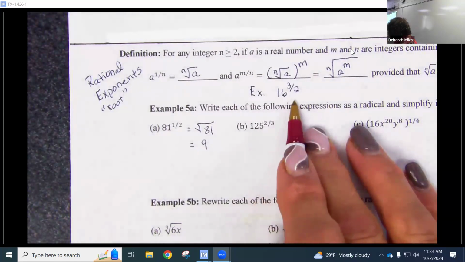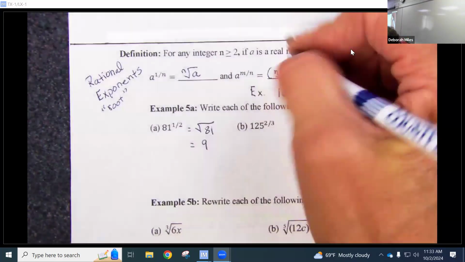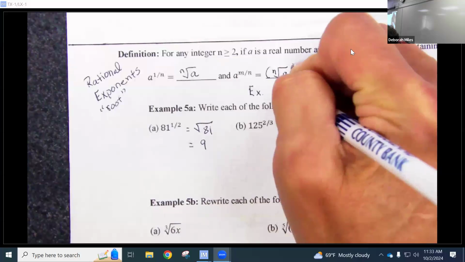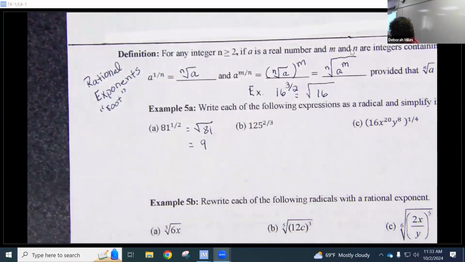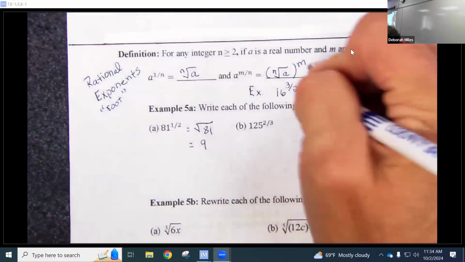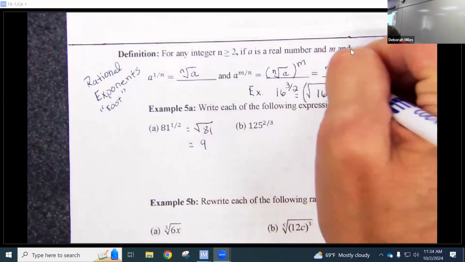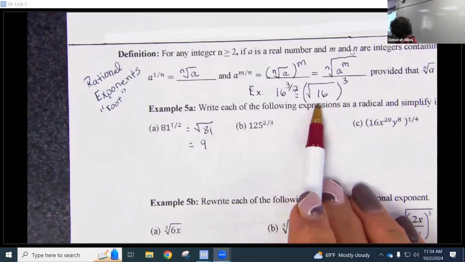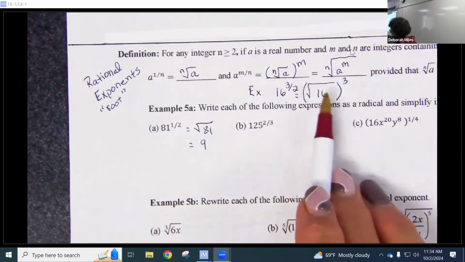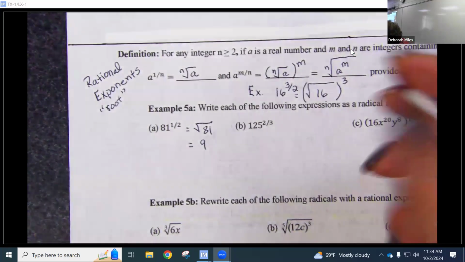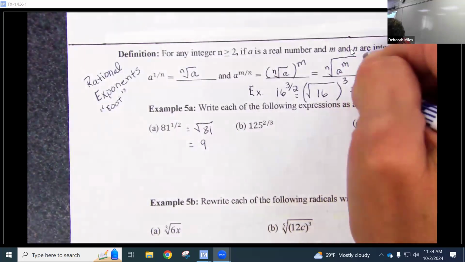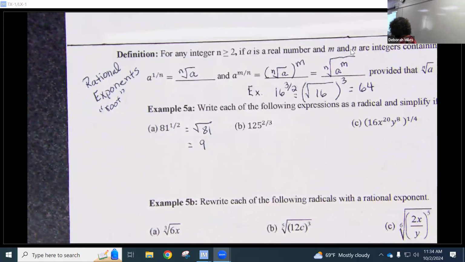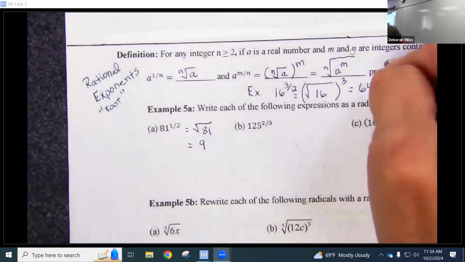The denominator's 2, so it'd be square root. I could either take the square root of 16 and then cube it. What would that be? Square root of 16 is 4, and 4 cubed is 4 times 4 times 4. 64. That's one way I could evaluate that problem.